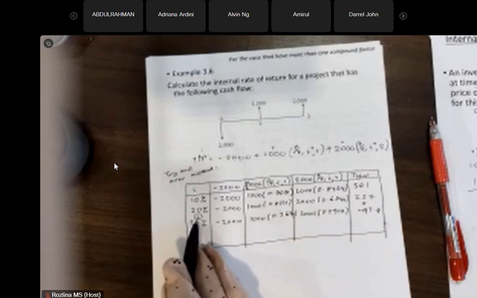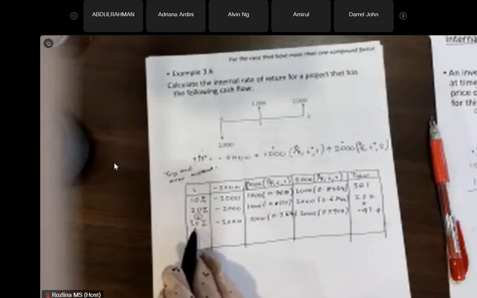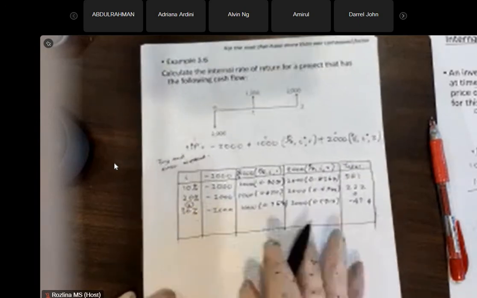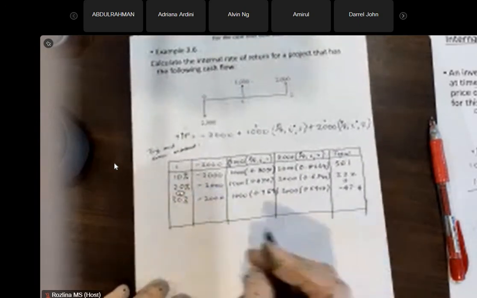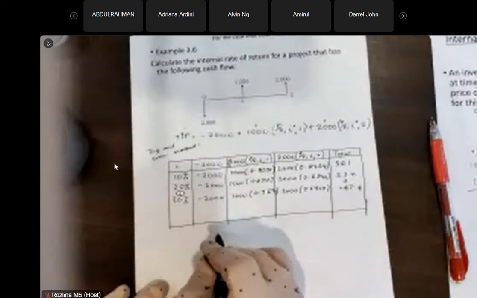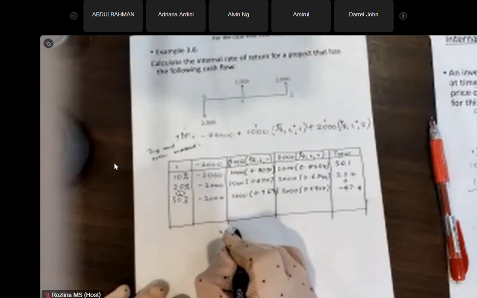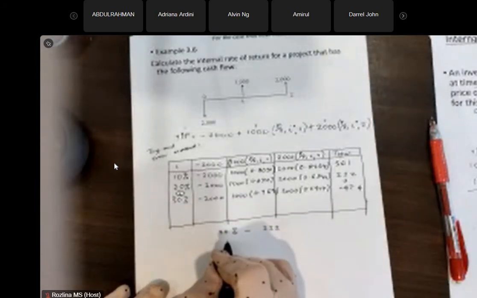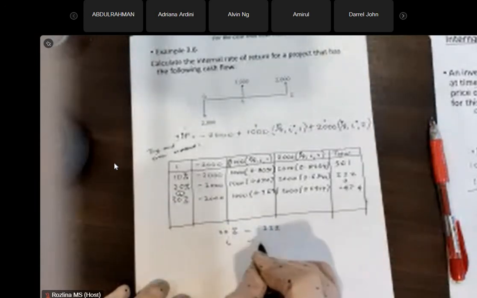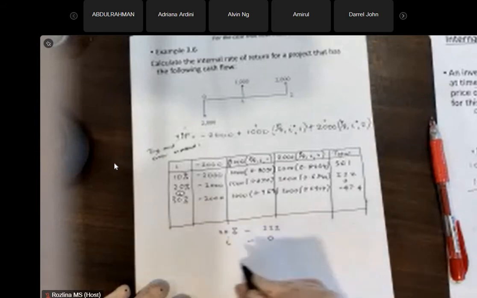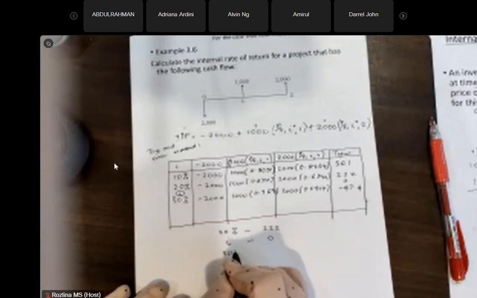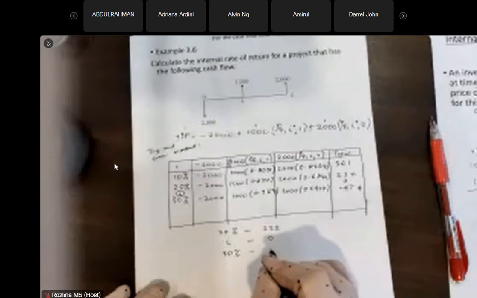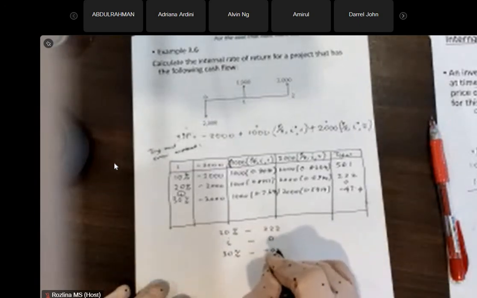You have to find out the I in between the 20 and 30. Betul. Okay. Now, you have to do what? If you have the information here, 20% has P as 222, I percent should be 0, and then you have 30% is negative 47.4.